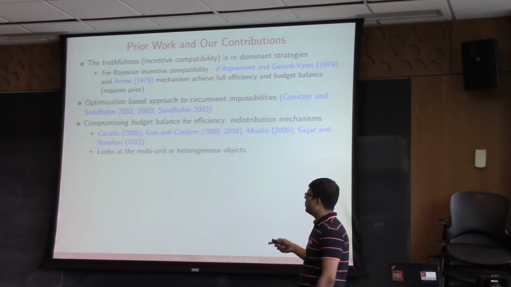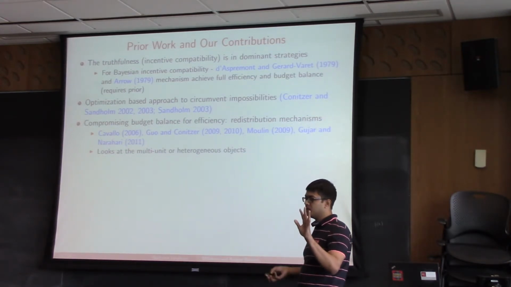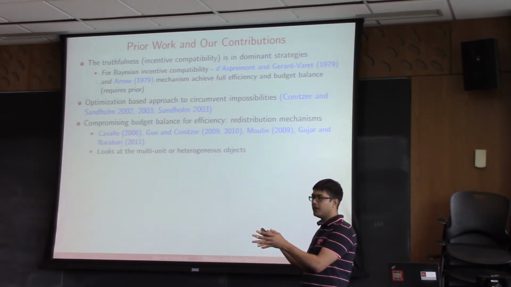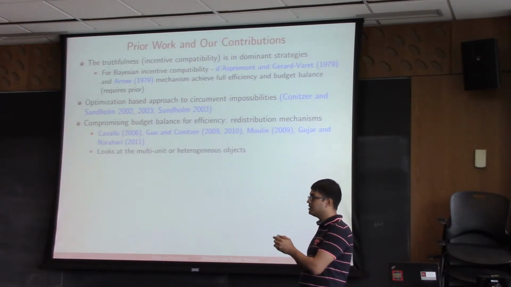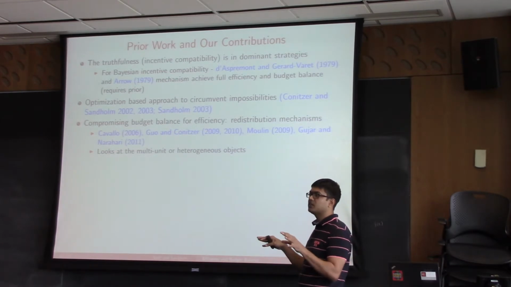Another way of getting around the impossibility result is to consider the VCG mechanism and the surplus that is generated by the VCG payments, to efficiently redistribute it in a way such that it does not harm the strategy-proofness constraint.